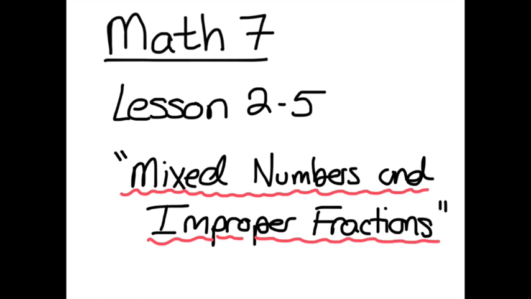So, to do a quick review, let's look at just one example. Here's an example of an improper fraction. To change this to a mixed number, we have to look at it as a whole number plus a fraction.